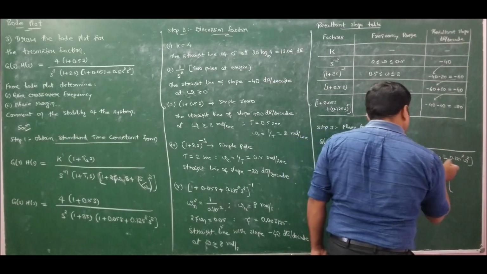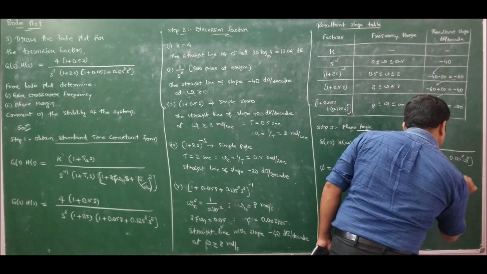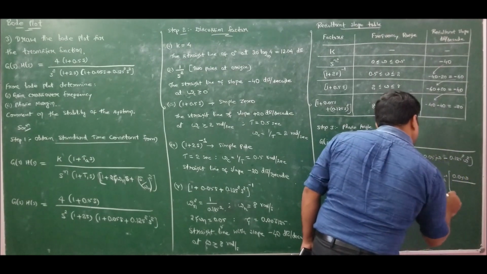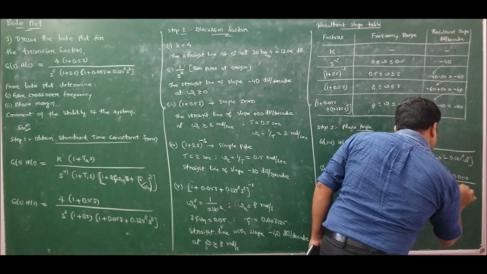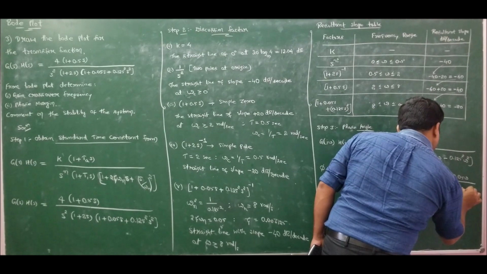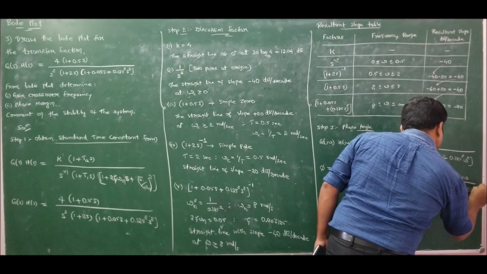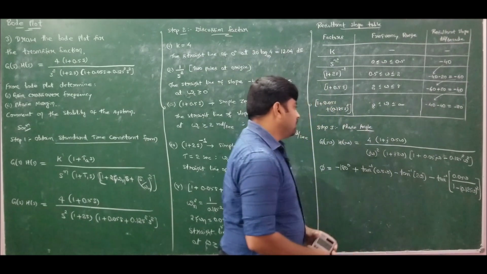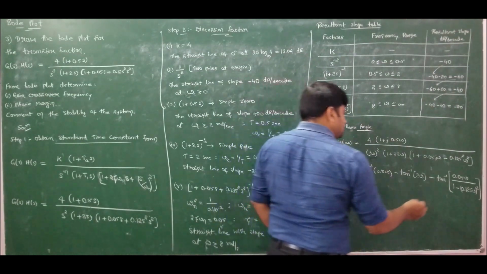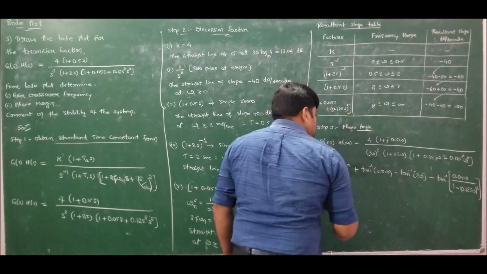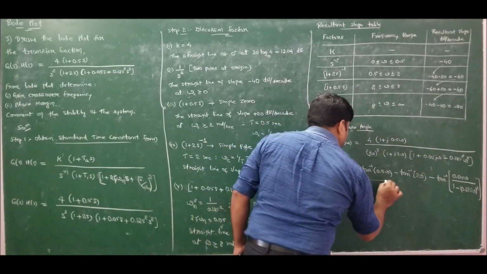Imaginary part is 0.05 omega, where the real part is 1 minus 0.125 omega square. Correct? Imaginary part by real part. So hence we got the equation for phi.